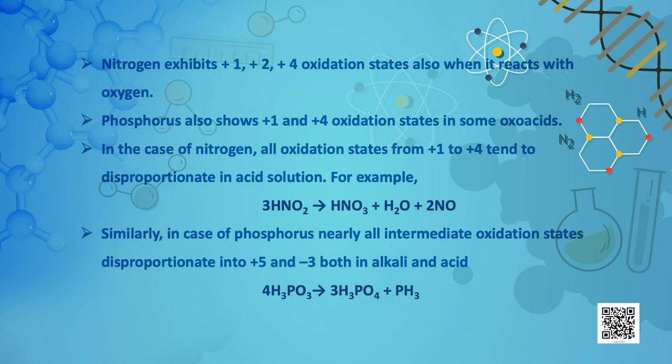For example, nitrous acid on heating disproportionates into nitric acid and nitrogen monoxide. Similarly, in case of phosphorus, nearly all intermediate oxidation states disproportionate into +5 and -3 both in alkali and acid.